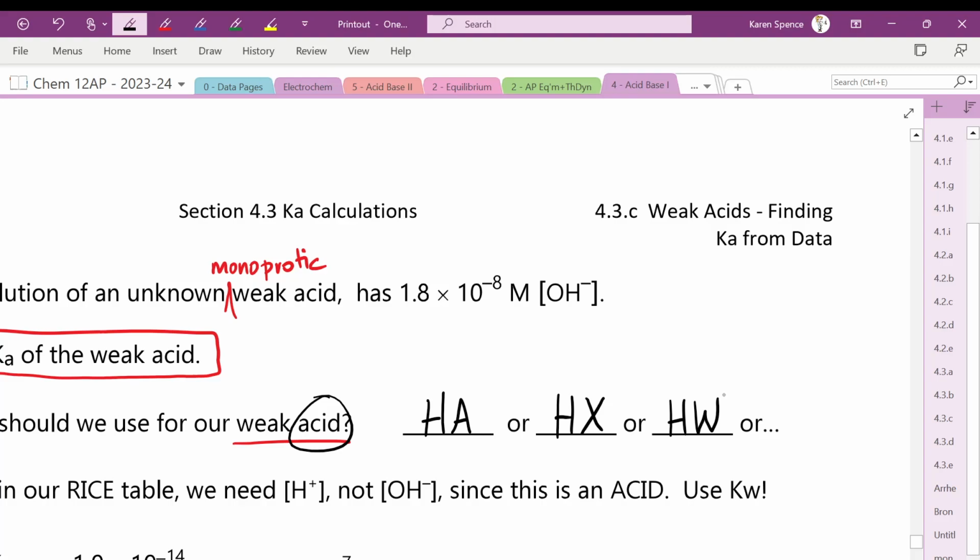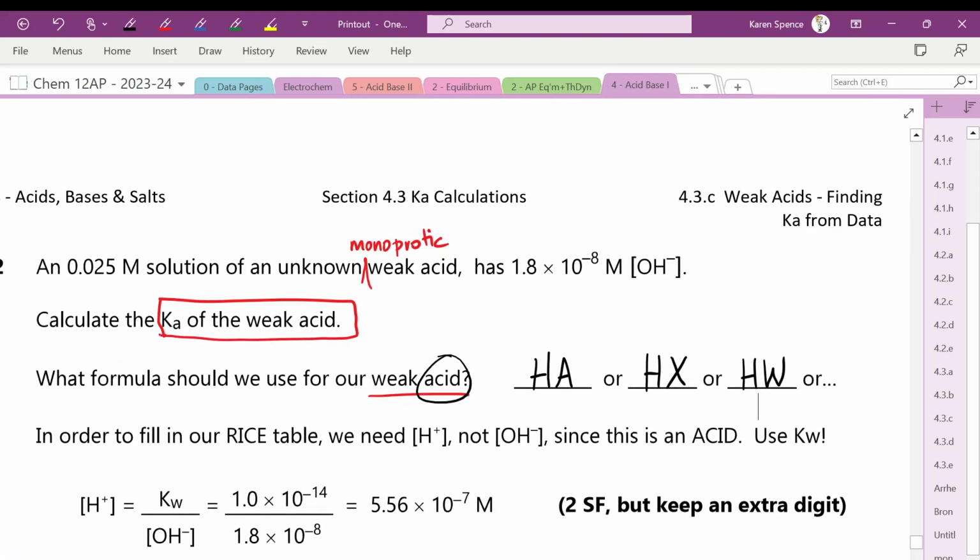Okay? It really doesn't matter as long as it's just kind of like, here's an acid. I kind of prefer HA or HX because tungsten is actually W, but no one's going to think you're talking about tungsten because it would never be used in this context. But anyway, doesn't matter what you use.